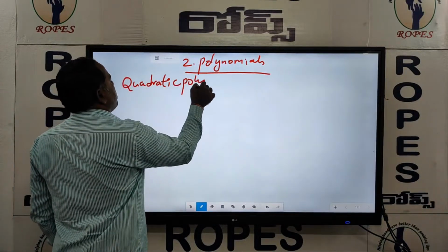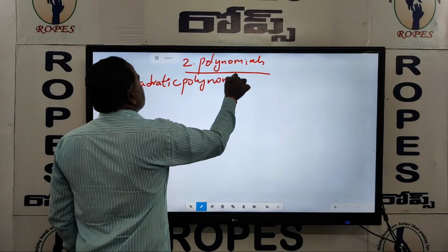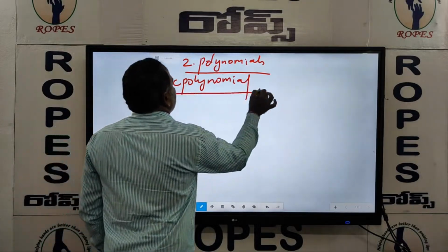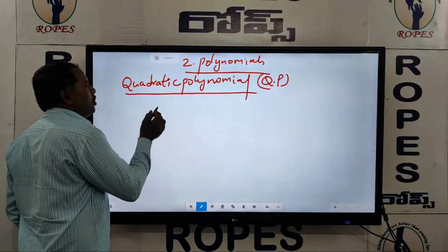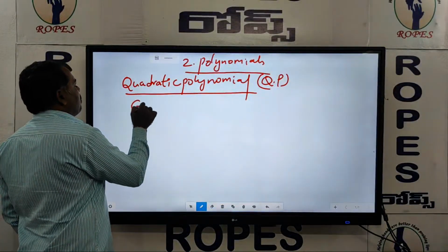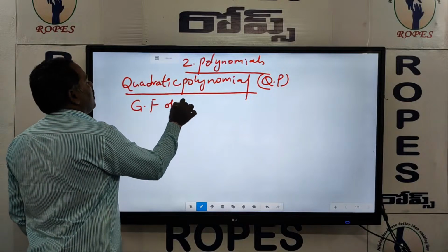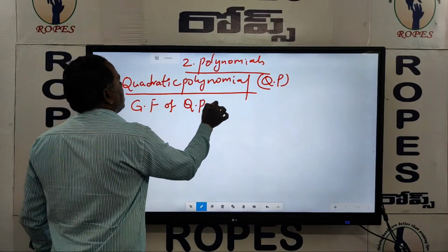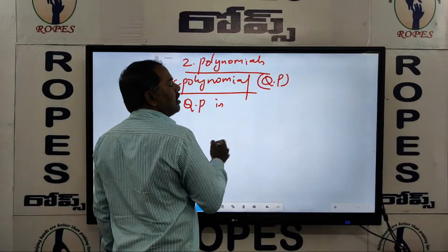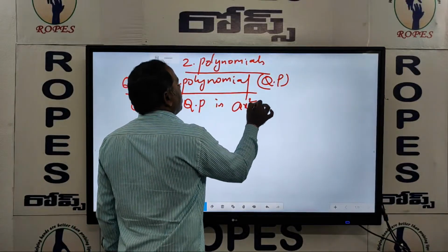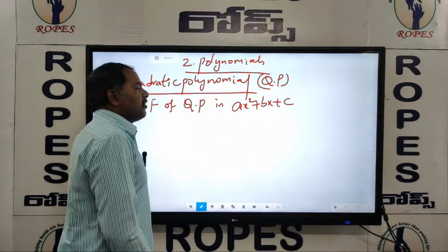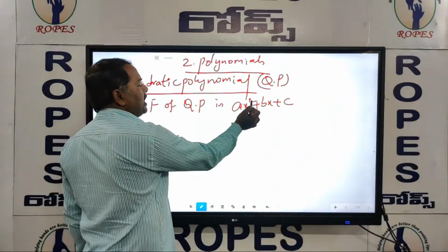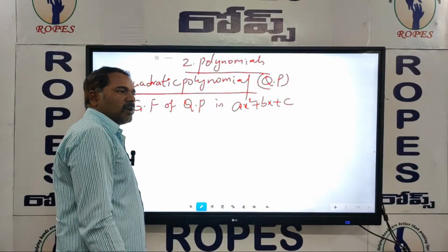In a quadratic polynomial, the general form, QP for short, is ax square plus bx plus c. This is the general form of a quadratic polynomial. Here the degree is 2, that's why it is a quadratic polynomial.